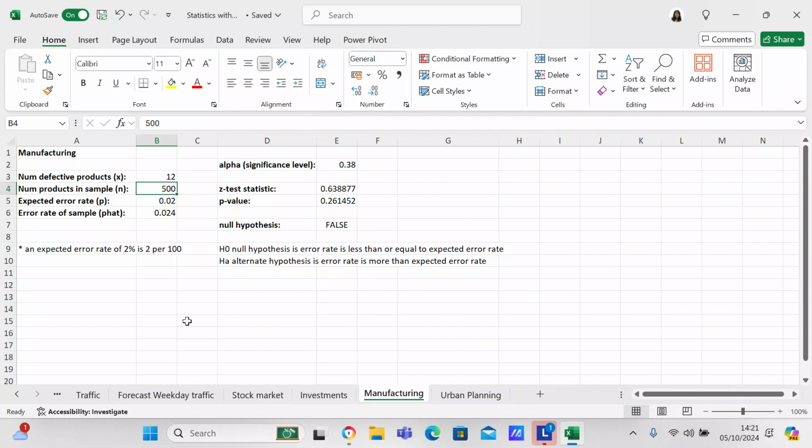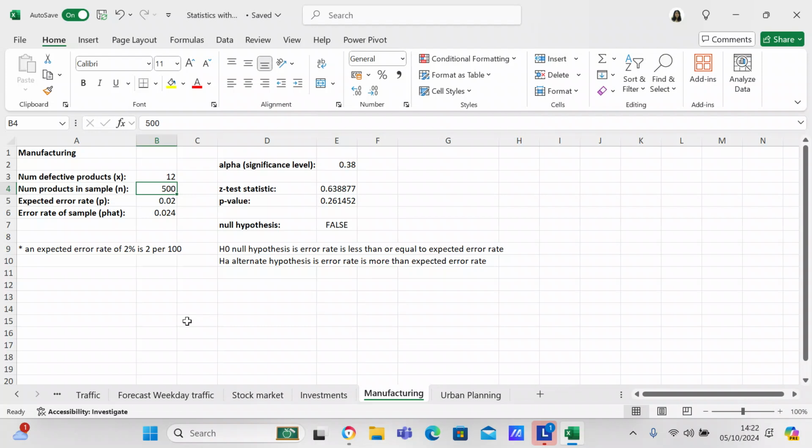In this particular instance, we have to accept the alternate hypothesis because with 12 defective products the error rate of 0.24 is greater than the expected error rate of 0.02, which means there's a problem.